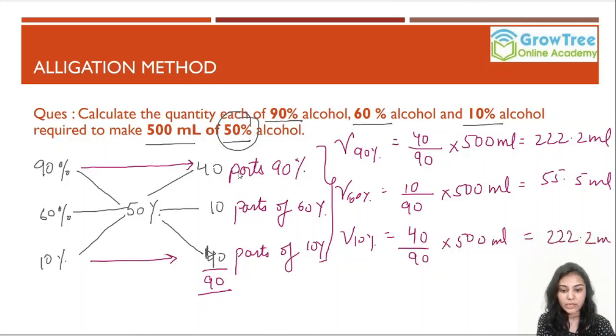Now after adding them all you will get 500 ml. That means that the answer is right. So the final answer would be 222.2 ml of 90% alcohol is required, 55.5 ml of 60% alcohol is required, and 222.2 ml again is the volume of 10% alcohol which is required to make up 500 ml of 50% alcohol. So that's all about alligation method.